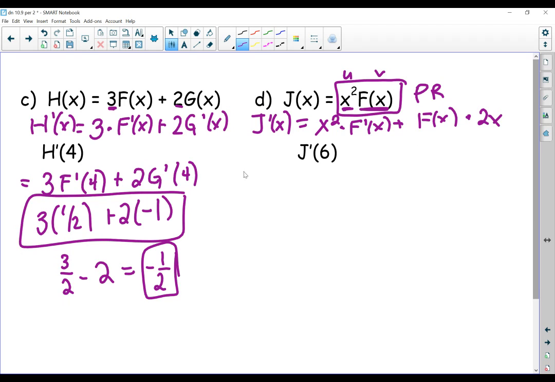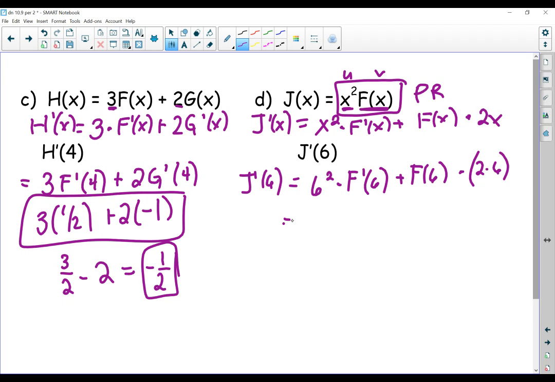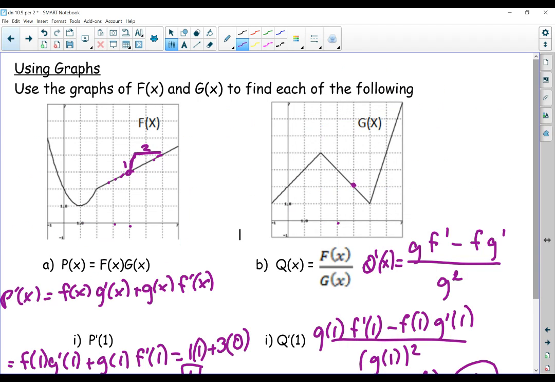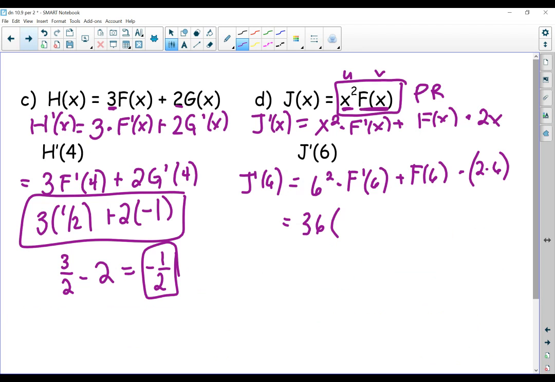So then if I want j prime of 6, it's just going to be everywhere I see x, I'm going to put a 6. So 6 squared times f prime of 6 plus f of 6 times 2 times 6. That's going to give me 36 times, now f prime of 6, let's see, 1, 2, 3, 4, 5, 6, oh, it's 1/2, and then f of 6 is 1, 2, 3, 4.